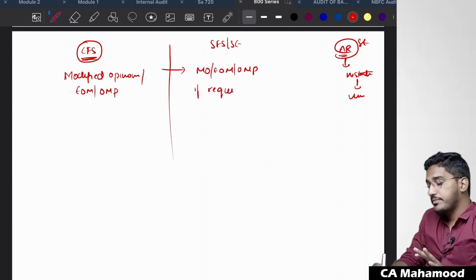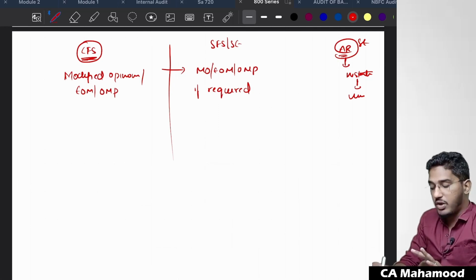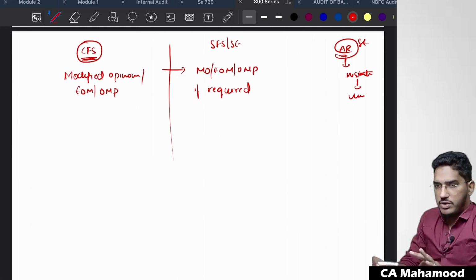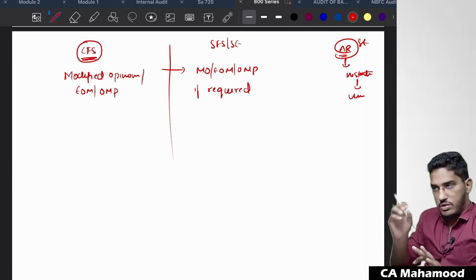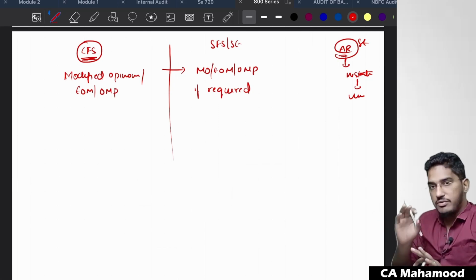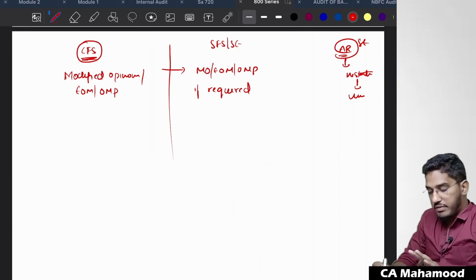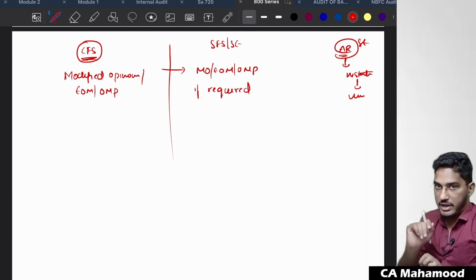If required, then only we will give a modified opinion, emphasis of matter paragraph or other matter paragraph in the audit report of single financial statements or specific element. In case you want to give an unmodified opinion, you can do it. There is no issue on whatever specific element, on whatever single financial statement you have audited. If you want to give a positive opinion, still you can do it. There is no restriction. We will include them only if required.